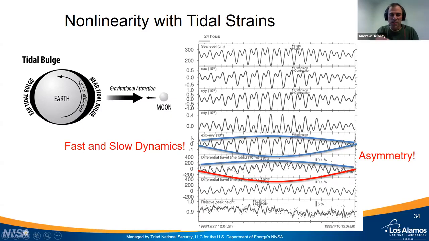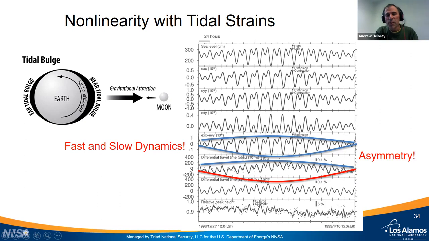So this is the horizontal strain, the areal strain. Positive is extension and negative is compressional. And then down here, you have the differential travel times observed between the waves traveling between two branches of the cave, and then the relative peak height is down here.